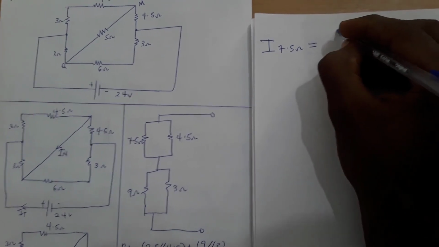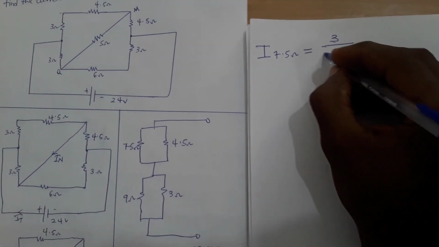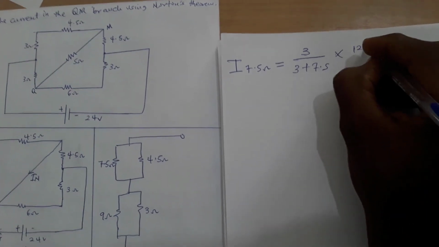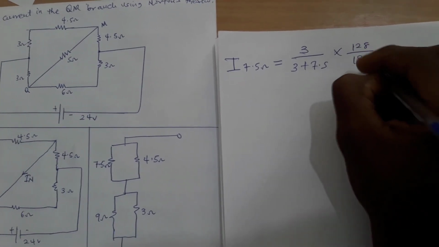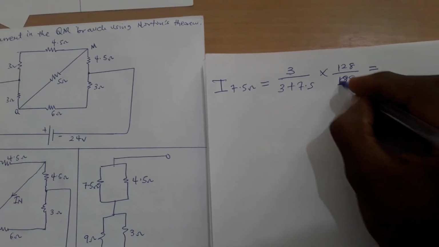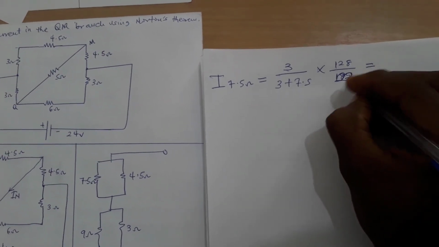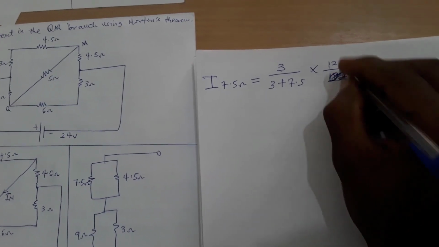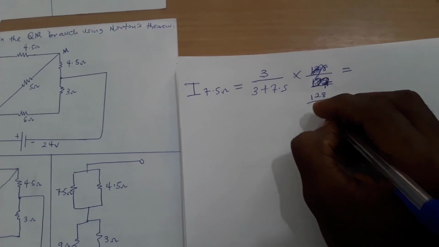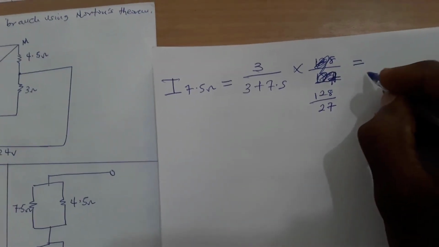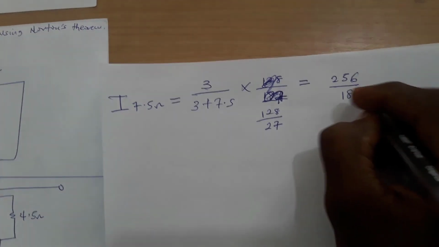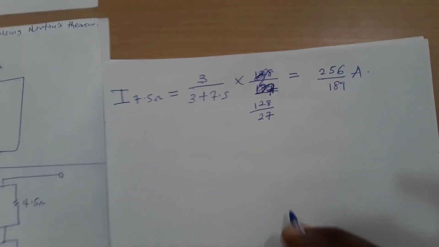So it will be 3 out of 3 plus 7.5 times the total current, that is 128 out of 27, sorry, here it is 27, right? Let me write it again. Times 128 out of 27, and this should give us 256 out of 189 amperes.